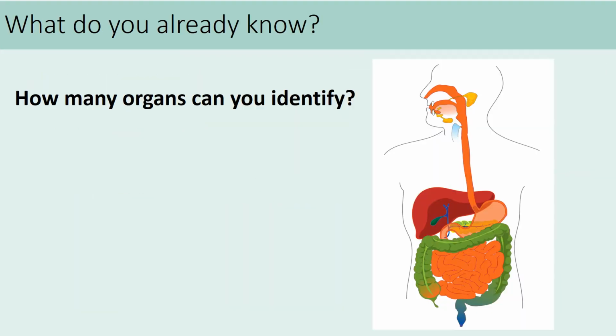Okay, so here is a general scientific diagram of a body, and the organs that it is showing are to do with the digestive system. Can you have a go at identifying as many different organs as you can from this picture?